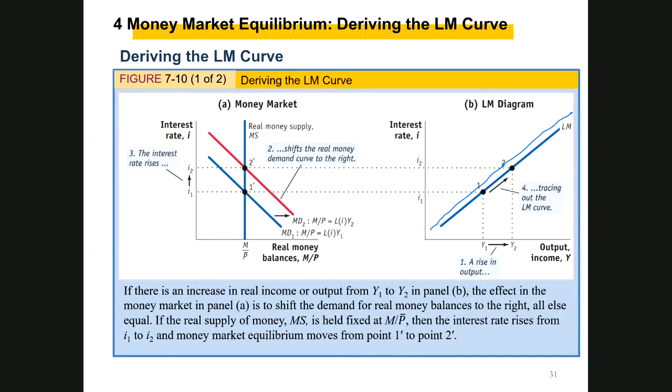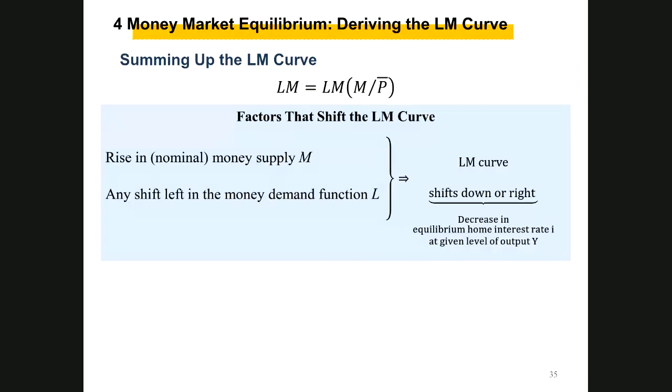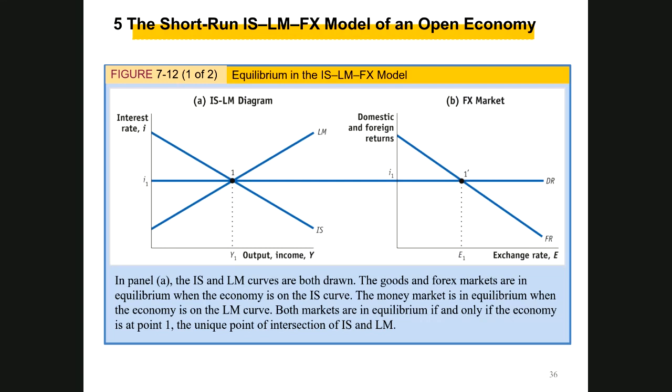Okay, so now we already have two lines, right? One is IS, one is LM. And the vertical axis is i, the horizontal is Y. What's the next step? The next step is we are going to use this model to show how policies affect the economy. Okay, so if you don't want to understand anything else, at least you need to know, in the i and Y space, the macroeconomic i and Y space, right?